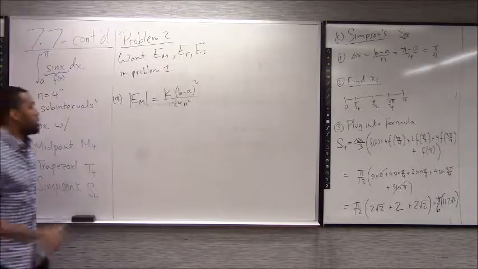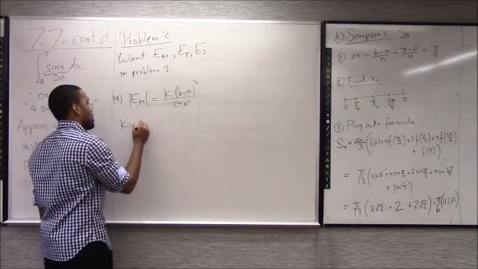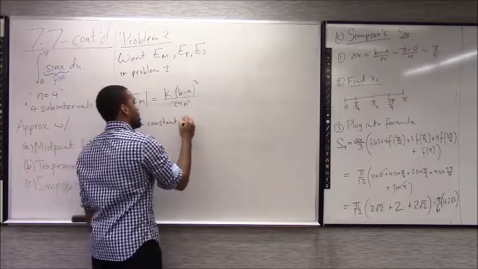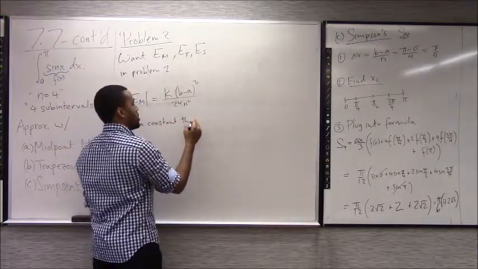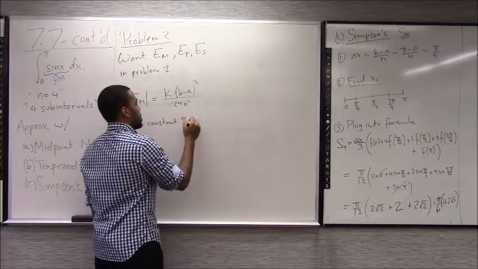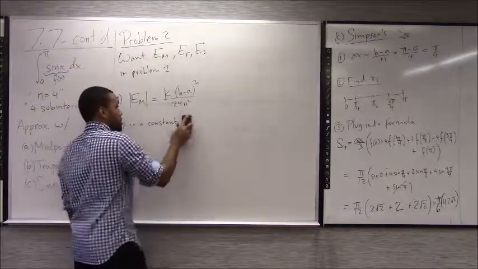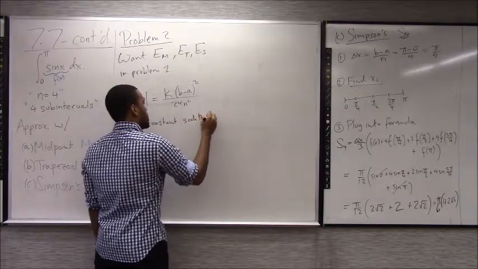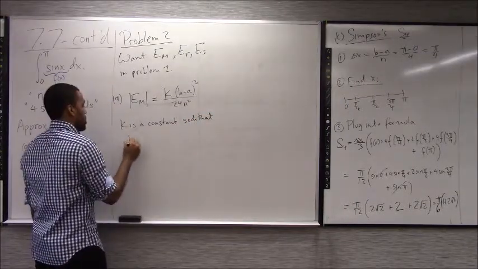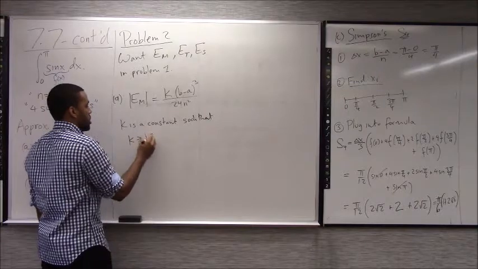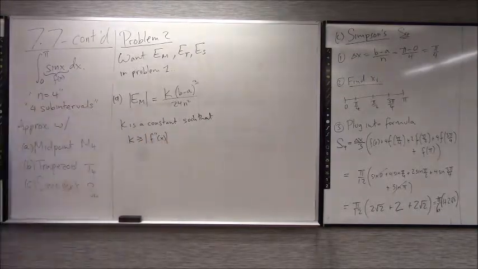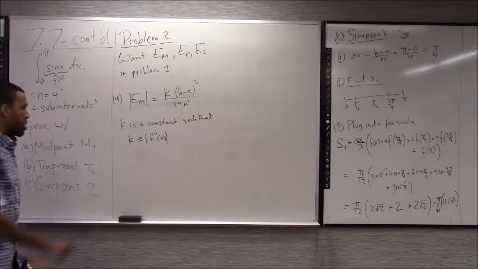So here k is a constant. So this one would require a little bit of work here. The rest is just plugged into the formula. Right, and any constant would work.